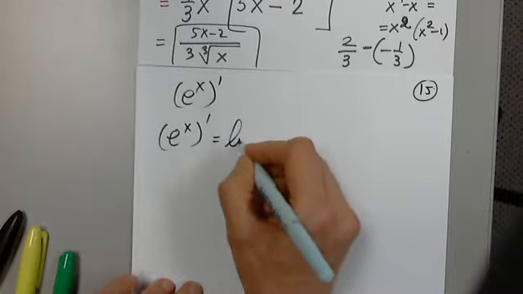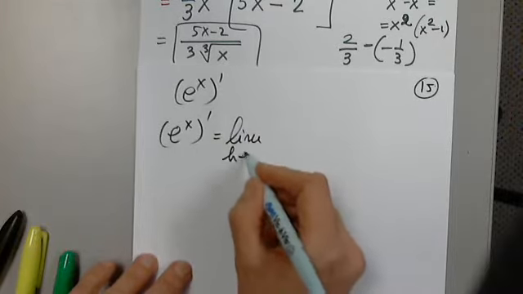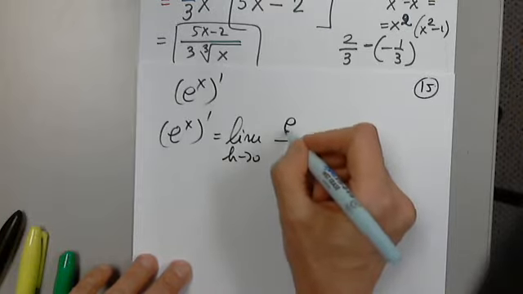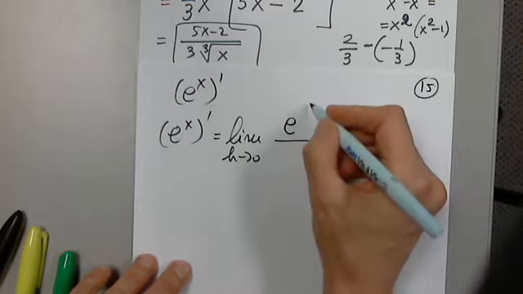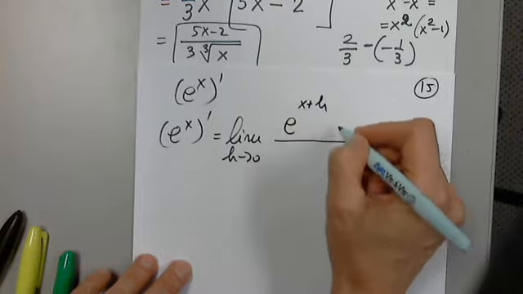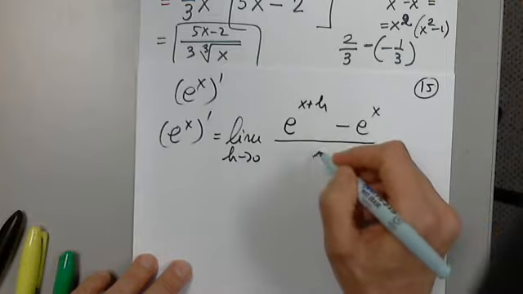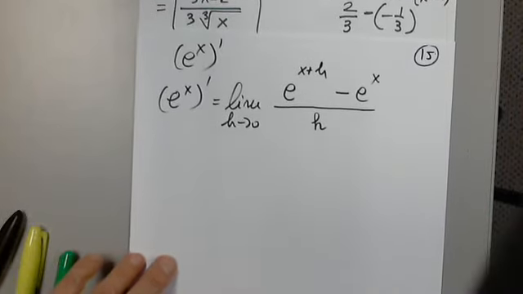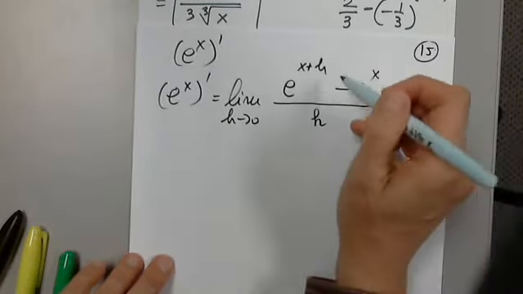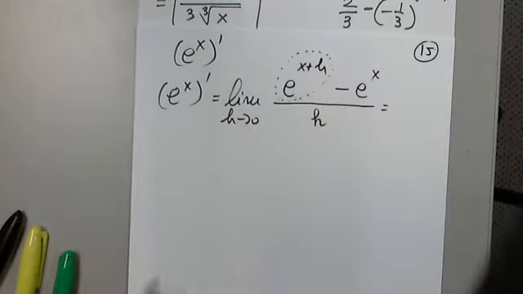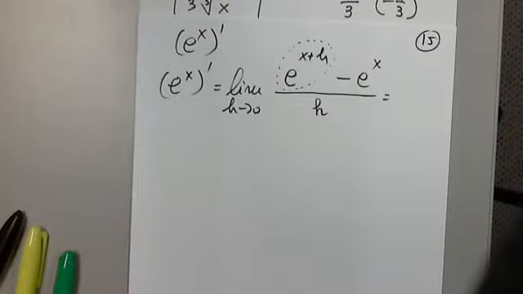The limit as h approaches 0 of e to the x plus h minus e to the x over h. Awesome. Now, what does this mean? Is there another way of writing this?